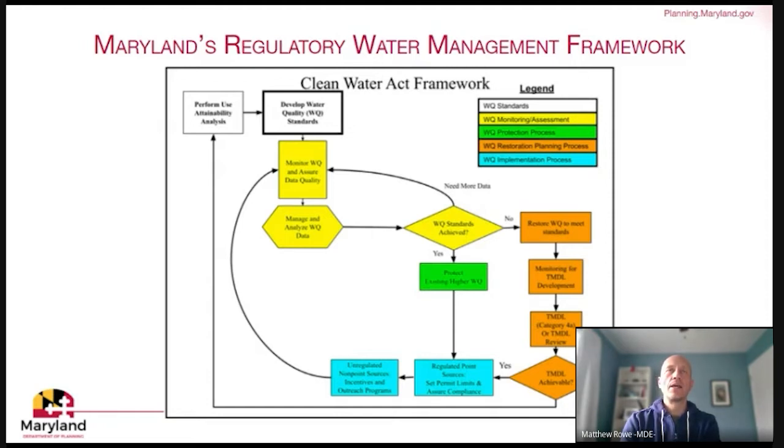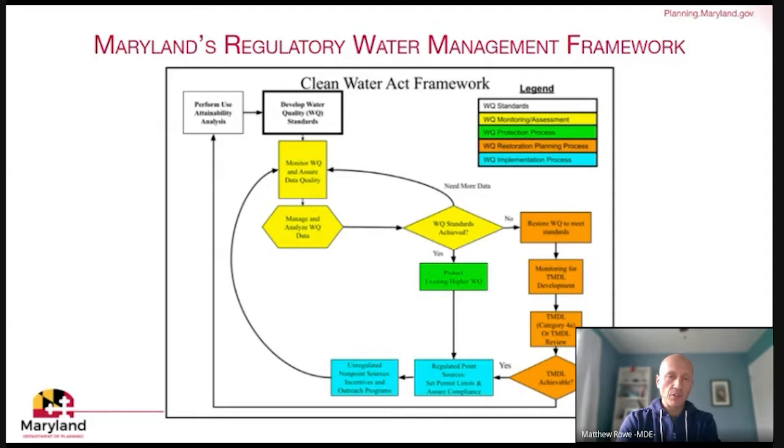If you start in the white boxes at the top, the one with a bold outline that says develop water quality standards, that's where it all starts. Back when the Clean Water Act was passed in 1972, states, tribes, and jurisdictions were required to develop water quality standards.